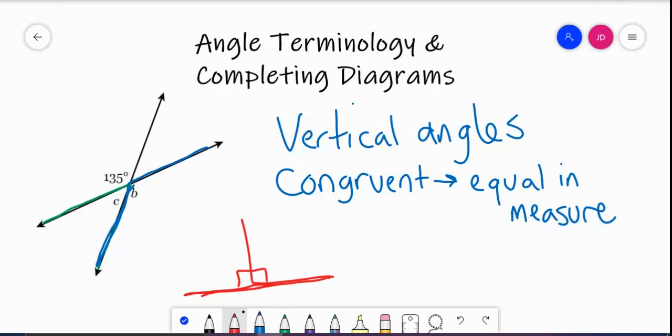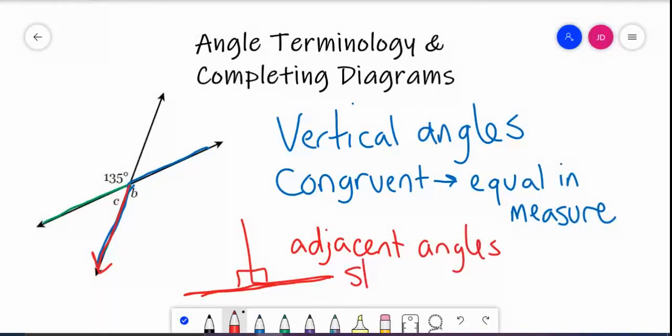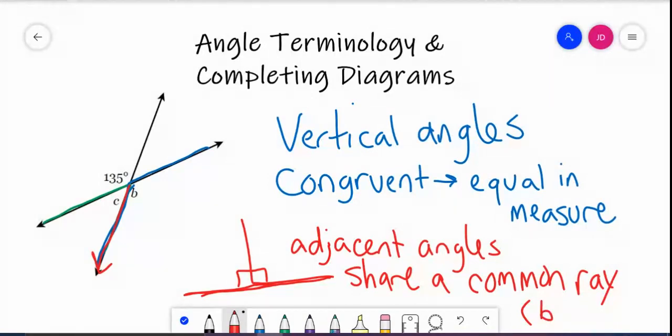They share a common ray, which is right here, and that is called adjacent. So adjacent angles share a common ray or a common side. So in this case, B and C are adjacent.